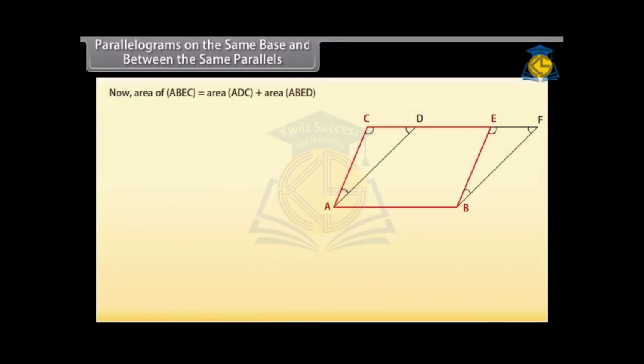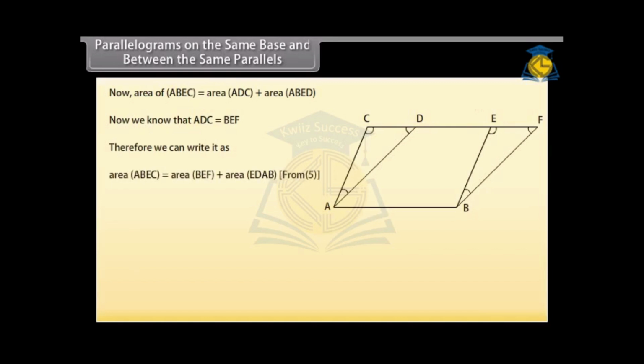Now, area of ABEC is equal to area ADC plus area ABED. Now we know that ADC is equal to BEF, therefore we can write it as area ABEC is equal to area BEF plus area EDAB from 5, which is equal to area ABFD. So, parallelograms ABEC and ABFD are equal in area.